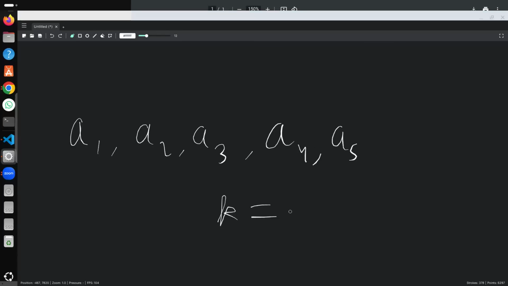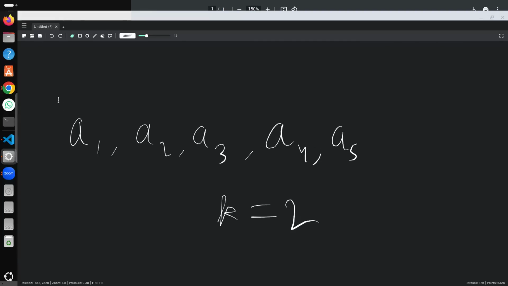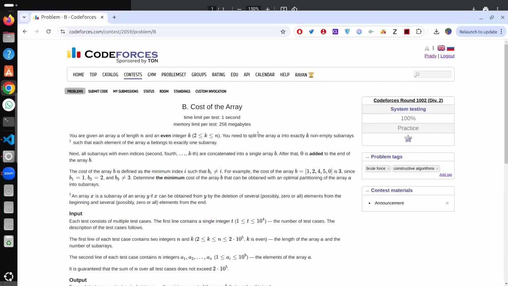Suppose k is equal to 2, then we need to divide this array into two groups. So this is one group and this is another group. Each element should be in exactly one group, and all the groups should be non-empty. We cannot have empty groups. So we have to split the array A into k groups.